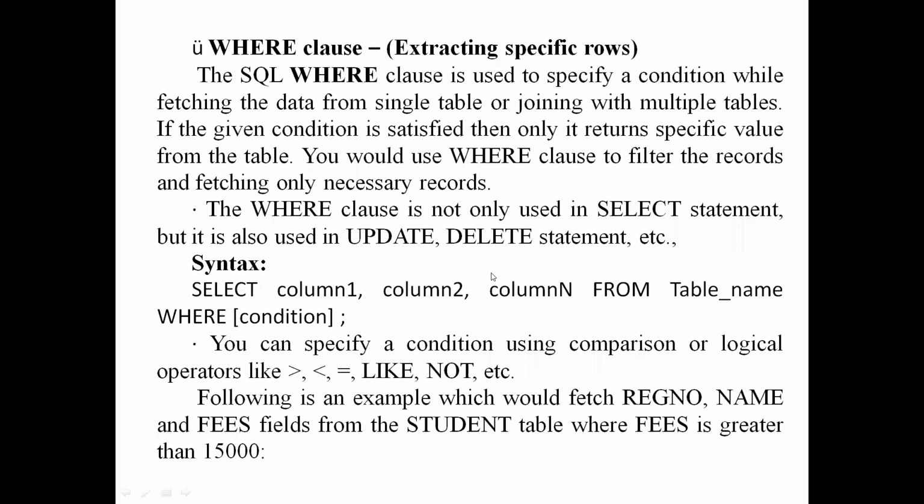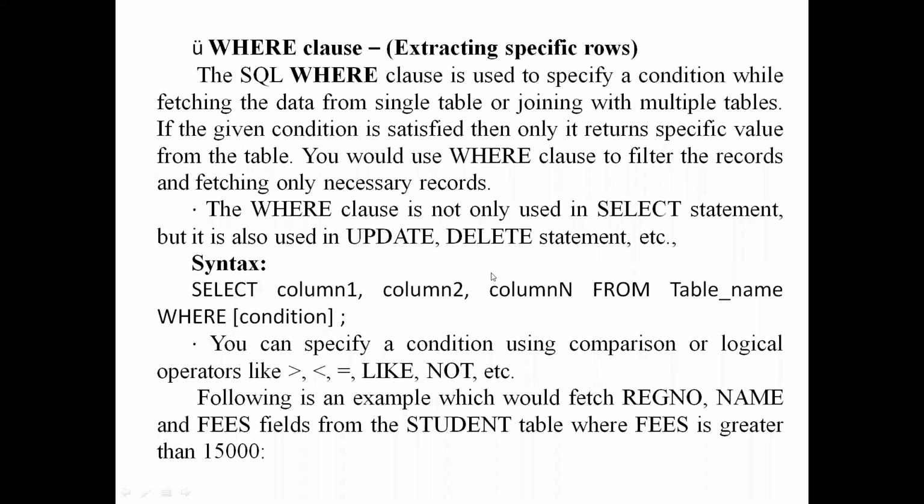If you want to retrieve or fetch the data from one or more than one table by specifying a condition, then where can be used. If the given condition is satisfied, then only such records from one or more tables can be displayed with the help of this where clause.